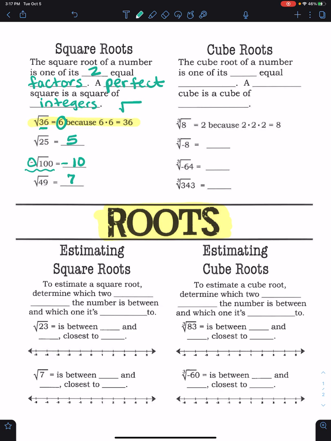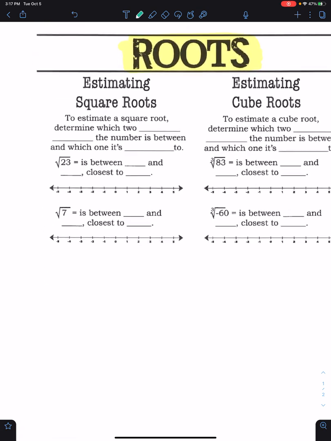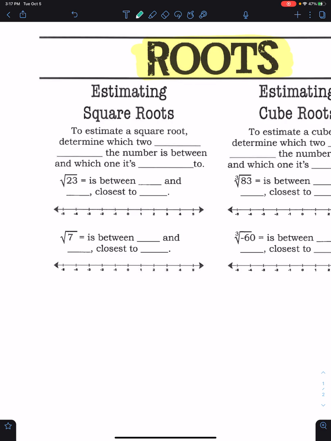But what if you have the square root of something that's not a perfect square that you can't do in your head? Well, we're not going to be using calculators for these, so we're going to learn how to estimate square roots. To estimate a square root, you're going to determine which two perfect squares that number is between.